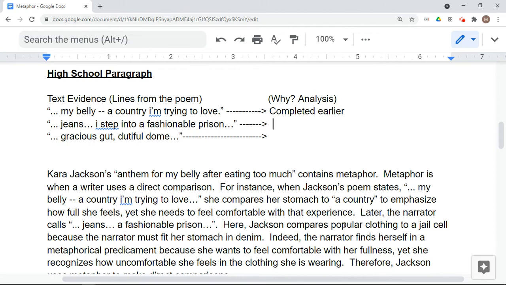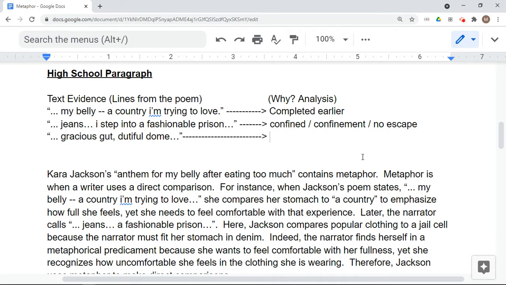She compares popular clothing to a jail cell because the narrator must fit her stomach in denim. But we're going to elaborate on that because, again, this idea of a jail cell, of a prison, implies, why do this? Because she feels confined. So there's a sense of confinement and we cannot escape it. No escape.